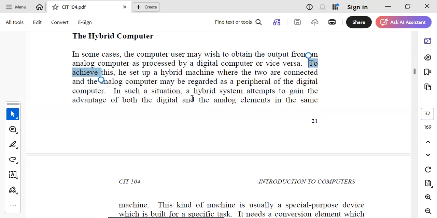But the main thing we should all note from this part is that when you talk about hybrid in any place, any concept in this world, not only in computers, anywhere you hear hybrid, it is a combination of two concepts, the analog type and the digital type. It's not always digital and analog, but if you have different kinds of breeds, let's use dog for example, like the German Shepherd, you have different types of dogs.